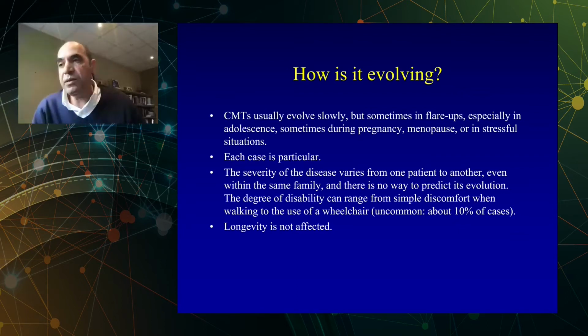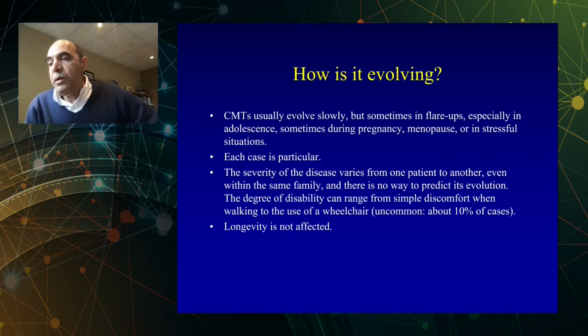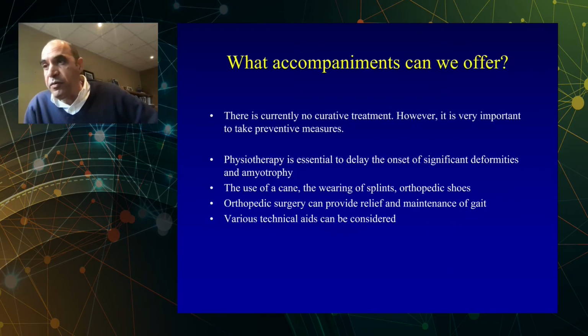We see patients every year in hospital evaluation, do evaluations and try to determine in a personalized way the progression of the disease. Longevity is not affected. The people have a normal life.